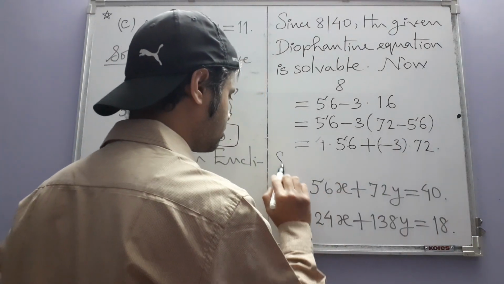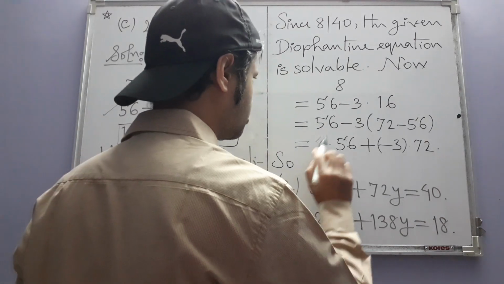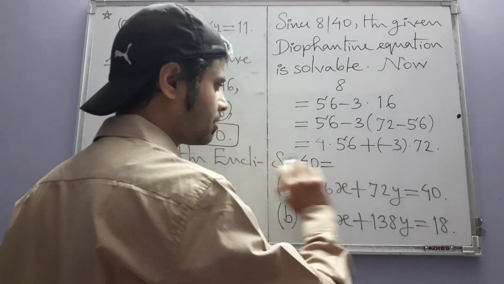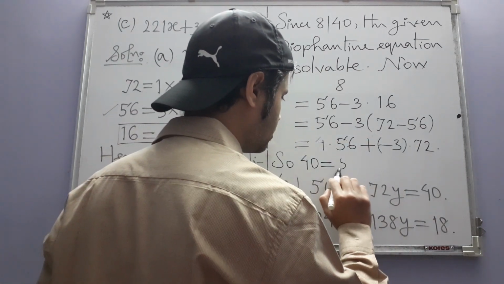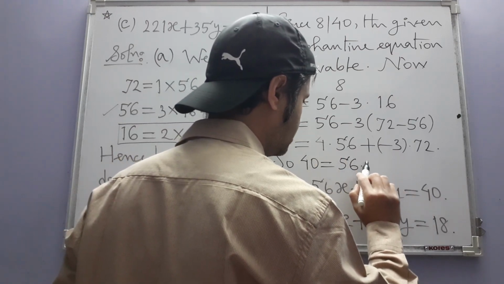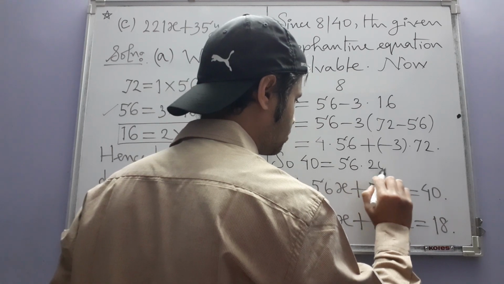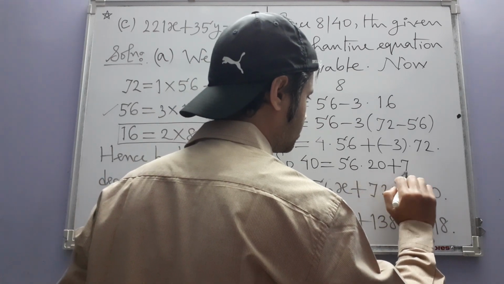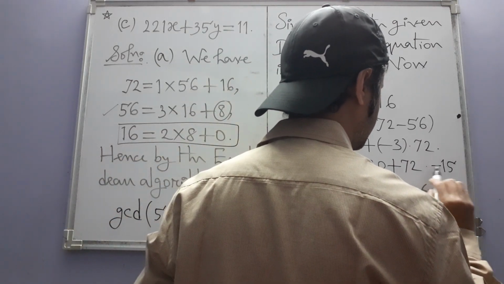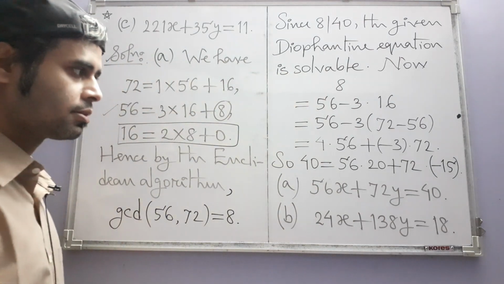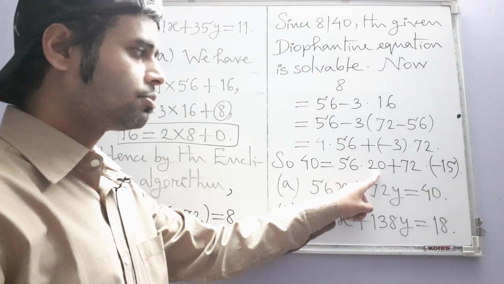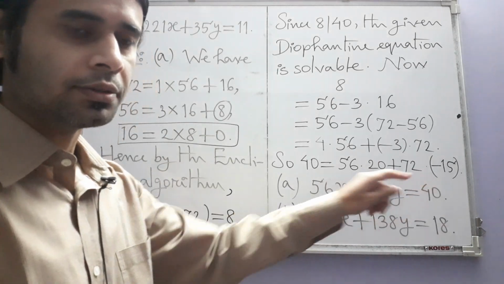So doing that, multiply on both sides by 5, so we will get 56. Let me switch the order. I write that 4 on this side, 4 times 5 actually, so 20, plus 72 times minus 15. So this gives us a solution. We can take x equal to 20 and y equal to minus 15.